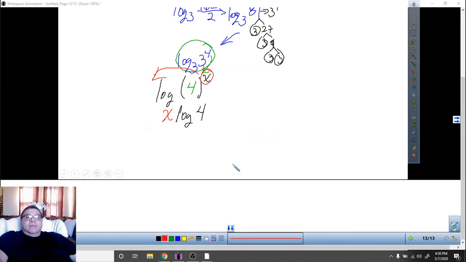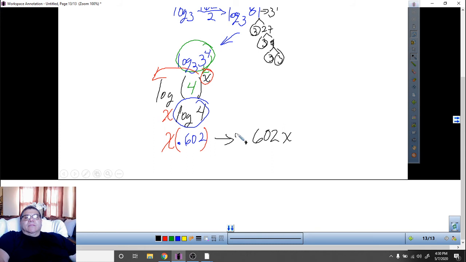So we end up with this piece right here is going to be 0.602, but then we need to multiply times what? X. Alright, so how do we write this? Remember, whenever we're multiplying numbers, the variable goes at the end. So this is 0.602x, approximately.